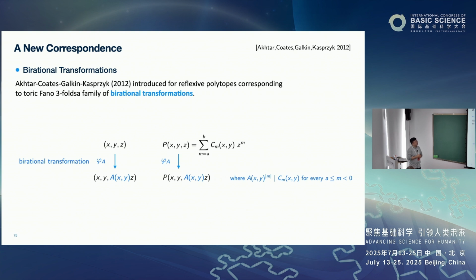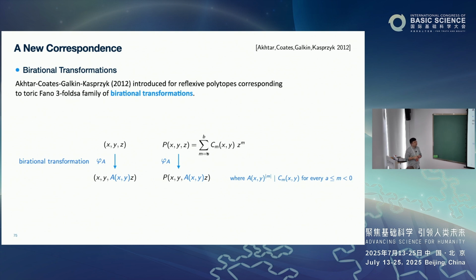They introduced in 2012 a family of so-called birational transformations. These are birational maps that act on the Newton polynomial of a family of Toric Calabi-Yau 4-folds, in fact Fano 3-folds. So these are reflexive polytopes in 3 dimensions. We know that there are 4,319 of them.